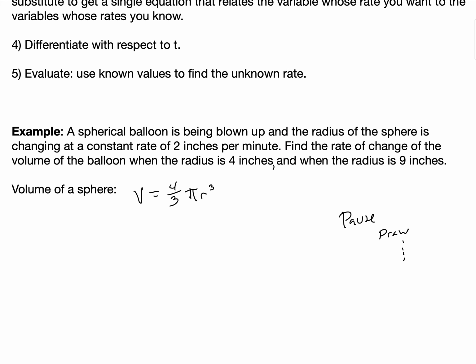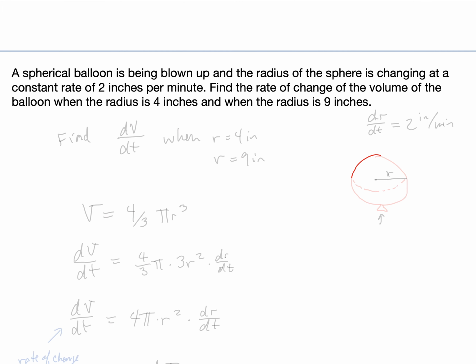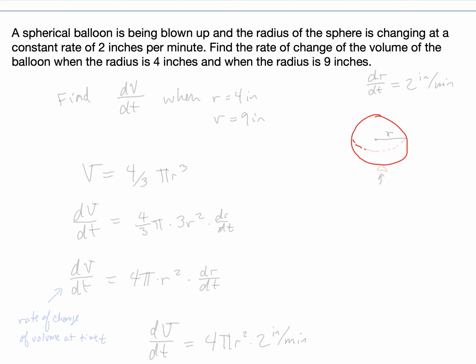Okay, so we've got this balloon being blown up. It's a spherical balloon to make it a little bit easier of a problem, and the radius is changing at a constant rate. So we said that dr/dt, the rate at which the radius is changing, is 2 inches per minute.